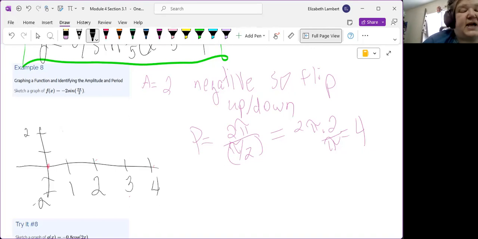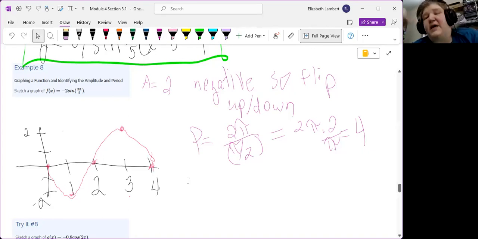So normal sine starts at 0, 0 and goes up. So we're going to start at 0, 0 and we're going to go down. Then back to 0, 0. Then up to 3 and back to 4. And then we just draw something like that. So as long as it's like a general curvy shape, that's fine.